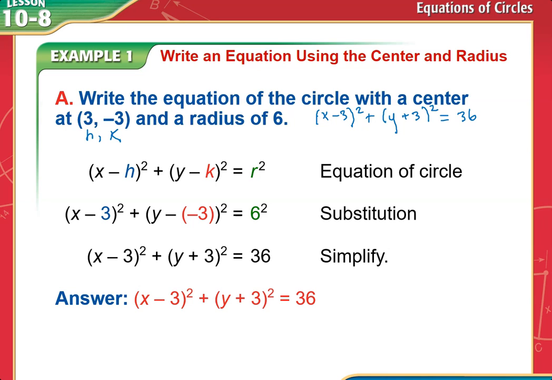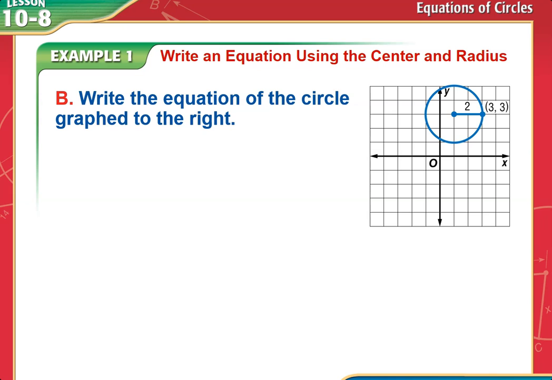Now we're going to look at a graph, and we're going to try to find the equation of the circle. So what we need to do is identify the center. Remember, again, the center is (h, k).